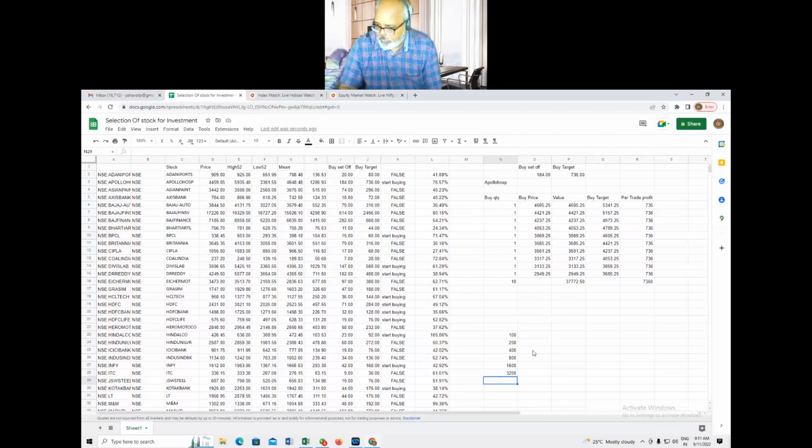So it is always advisable to go for a stock which is giving you 30% return, which will be sustainable. Now suppose I calculate a 30% return on 100 rupees, that would be approximately 130.